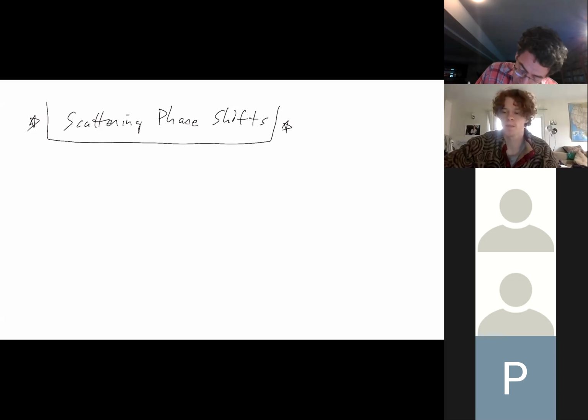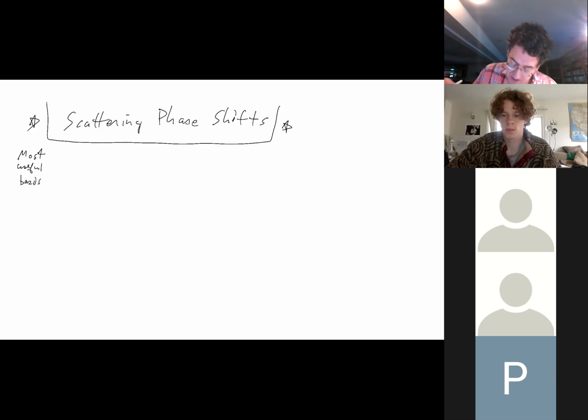We know that the most useful basis for scattering, meaning the most useful solution to H psi equals E psi, is this little guy that we know and love.